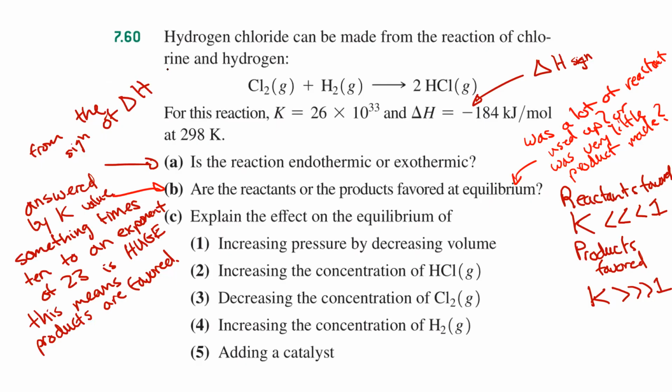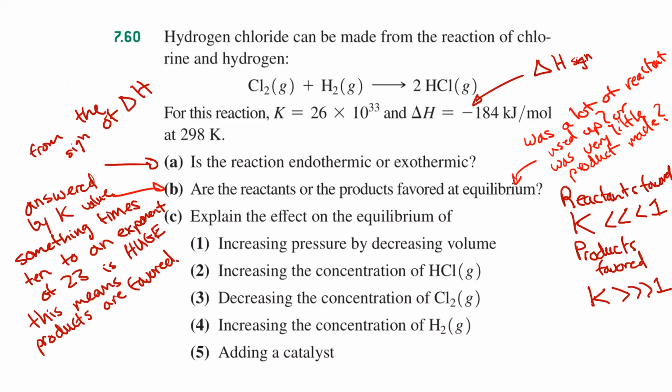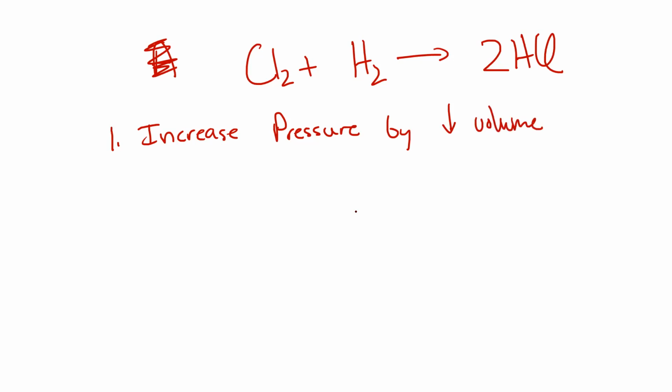The reaction is Cl2 plus H2 giving you 2HCl. Increase the pressure by decreasing volume. Is there an actual difference in the number of molecules on the reactant side versus product side?